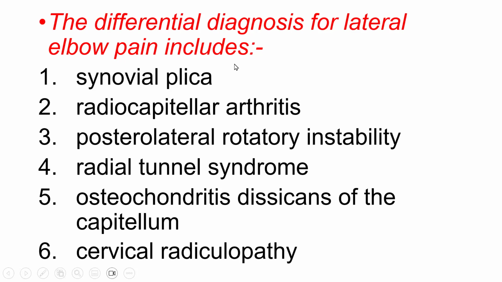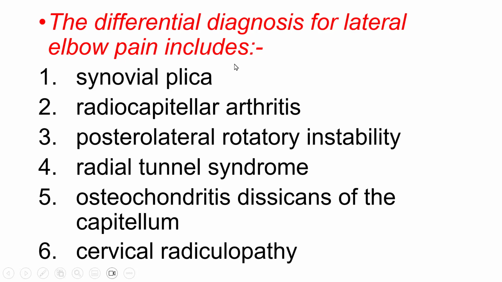Although primarily a clinical diagnosis, advanced imaging can be useful in patients with symptoms refractory to treatment and those with atypical symptoms or presentation. MRI may demonstrate increased T2 weighted signal and extensor tendon thickening.